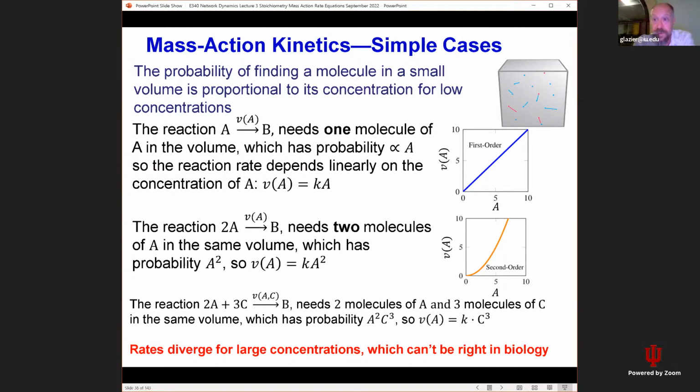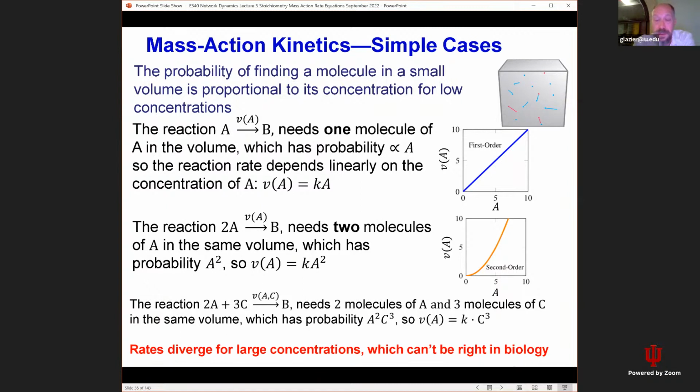And we need all 5 of those molecules together, so it's actually the product, A squared times C cubed. And then in the case V of A equals K times C cubed, I've managed to lose the A squared, that should be there.